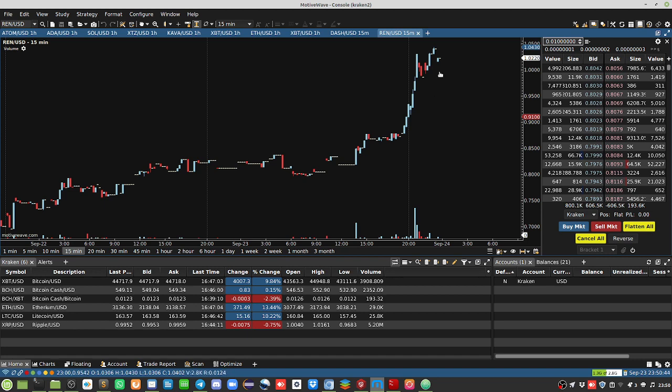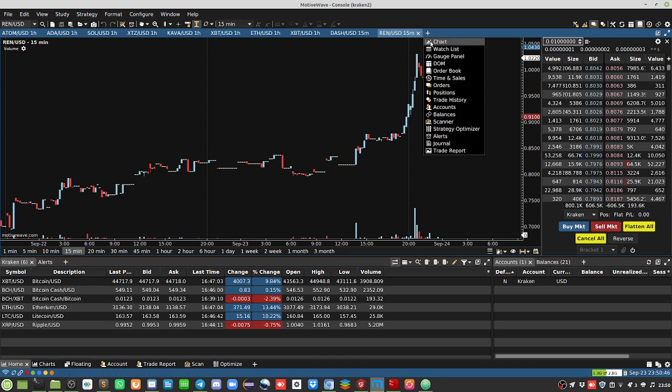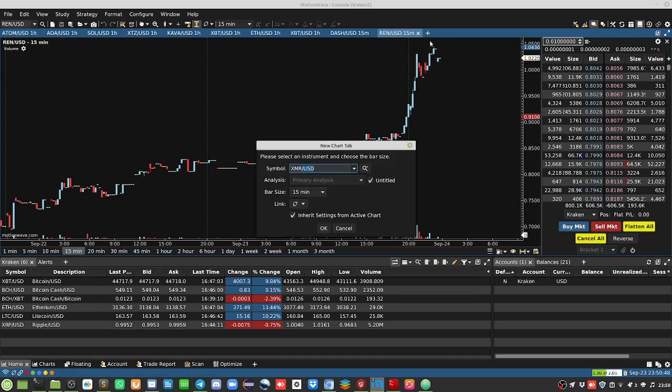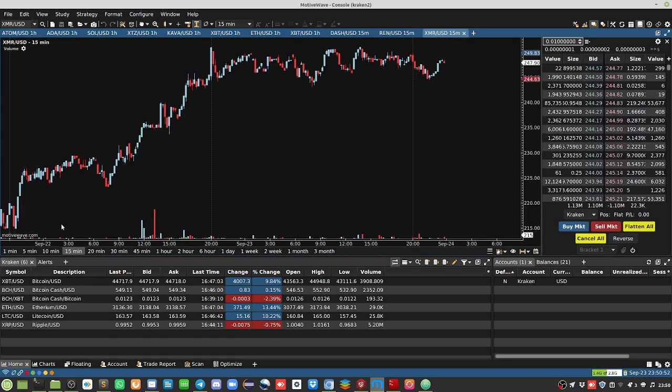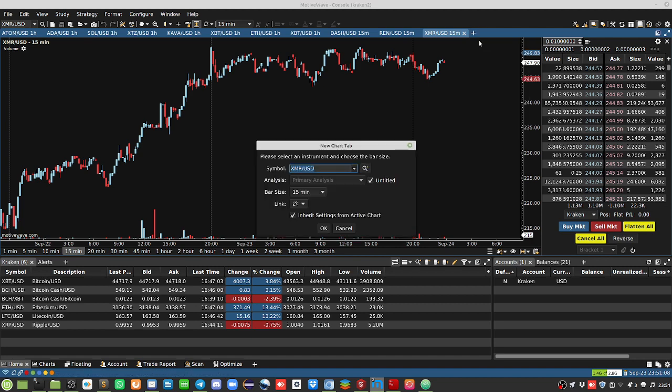So we have that, and we have two more. XMR is Monero. Here we're looking at a 15-minute chart. It's not bad, but it started to go flat here at 20 o'clock last night. A little bit of moves here as well. And last but not least, we have a coin called DYDX.